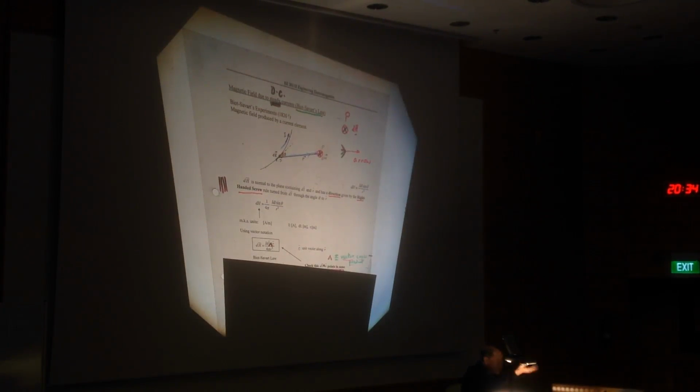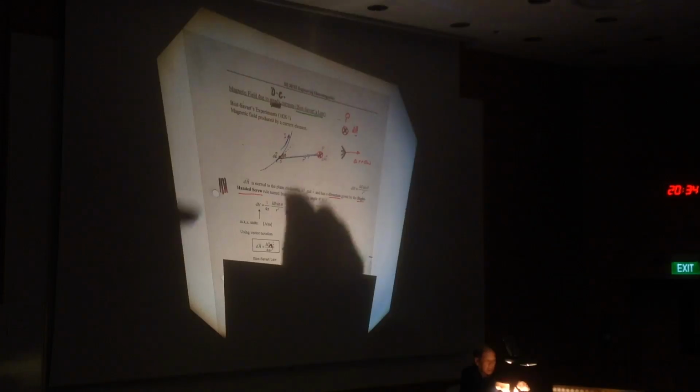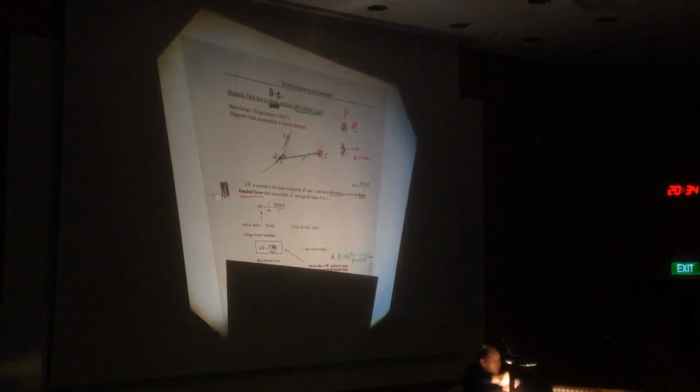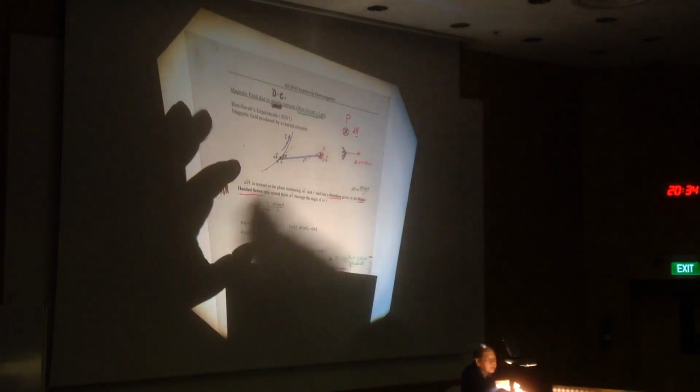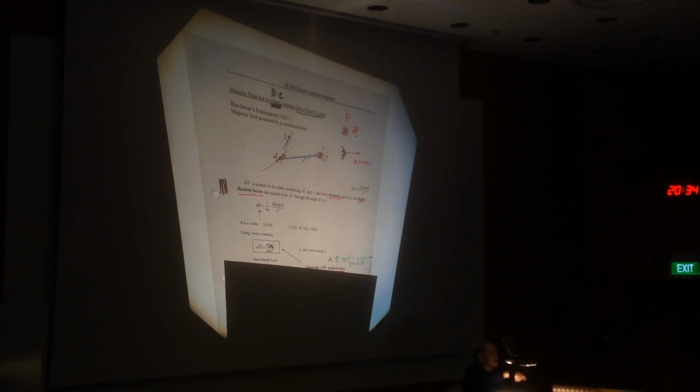So dl cross R, this vector cross product, A cross B. Take a driving wheel, dl cross R, and then twist, the shaft of the wheel is going into the paper. Correct?